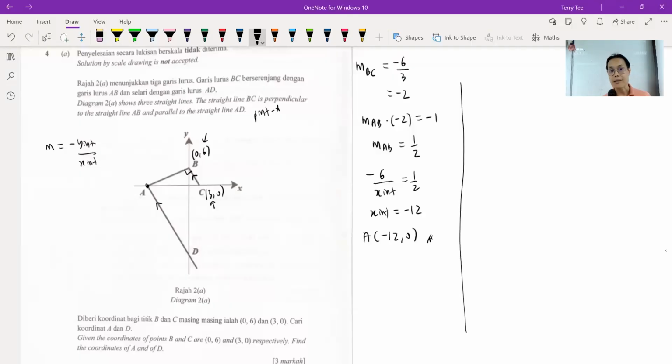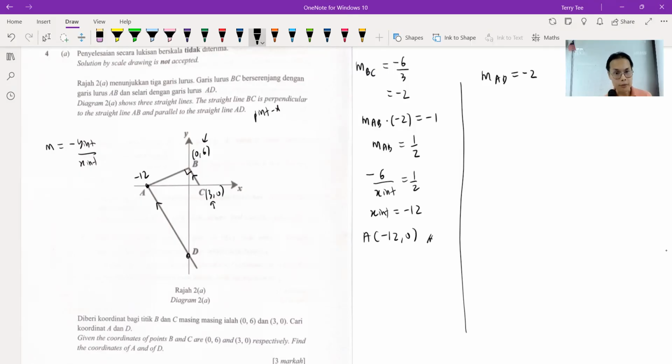Okay, but I still need to find my coordinate point D. Now AD is parallel to BC, so the gradient must be the same. We can say gradient AD is also -2. Now I know my pintasan x, my x-intercept -12, right?